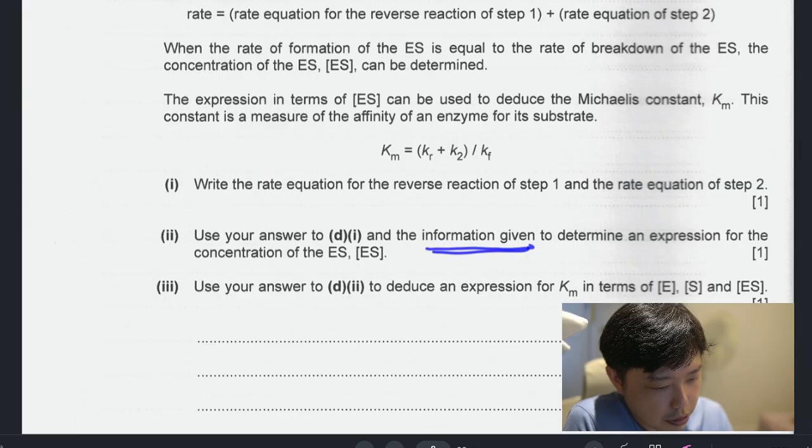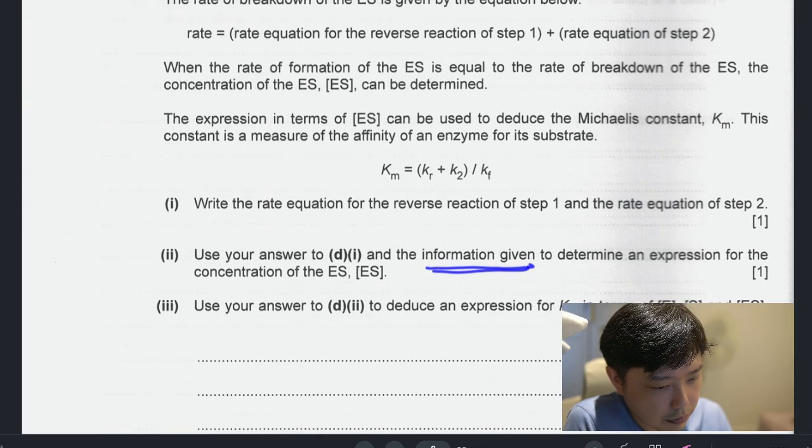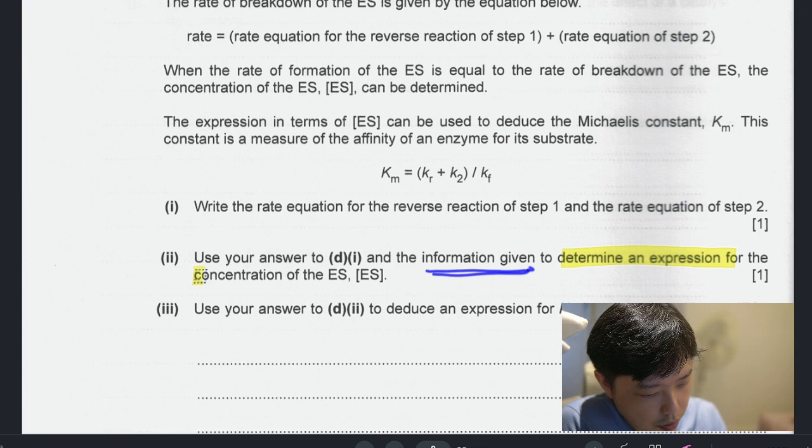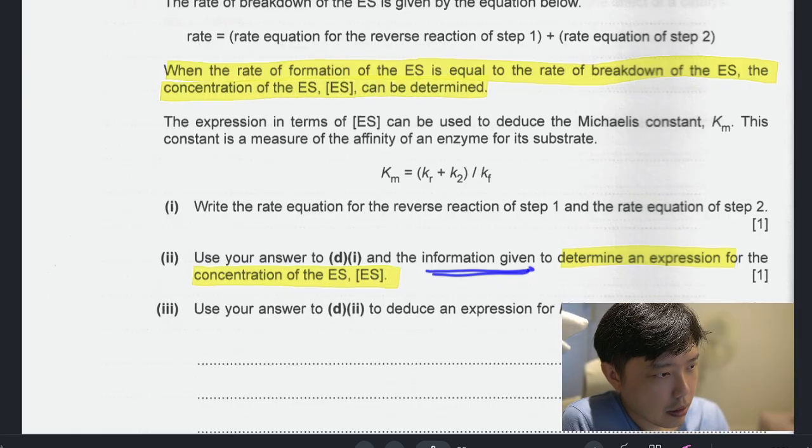Rate of formation equals rate of breakdown, because they want us to determine the expression for the concentration of ES. I think this part is critical: when the rate of formation equals the breakdown of ES, the concentration can be determined. So let's look at the rate of formation of ES and the rate of breakdown of ES.